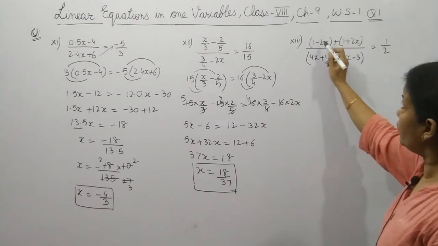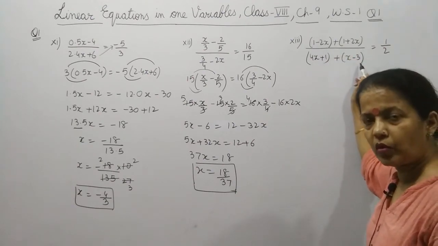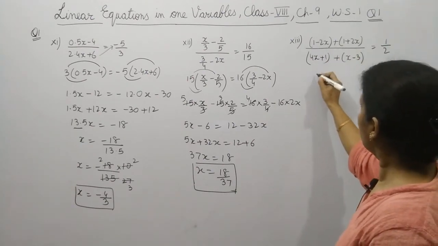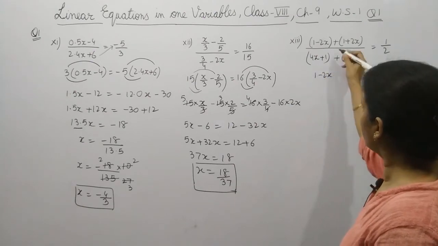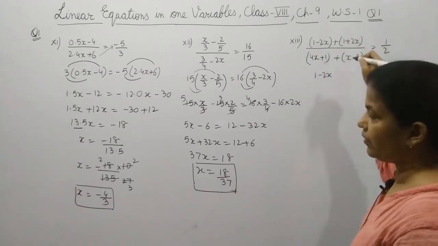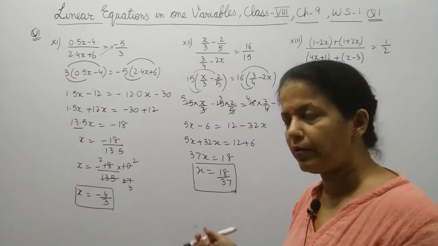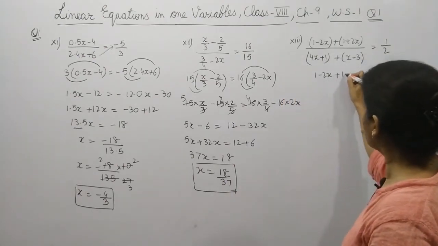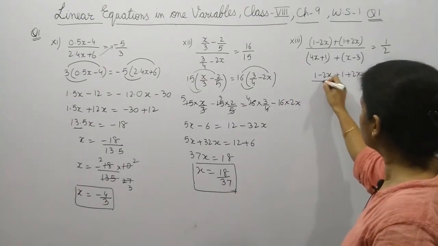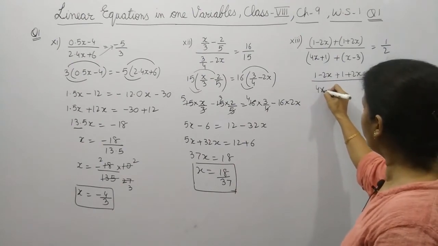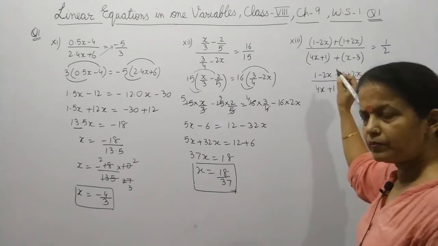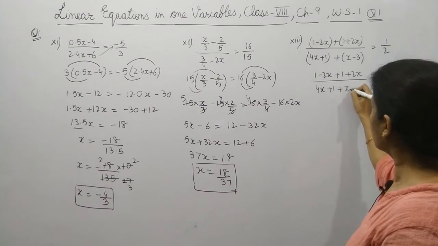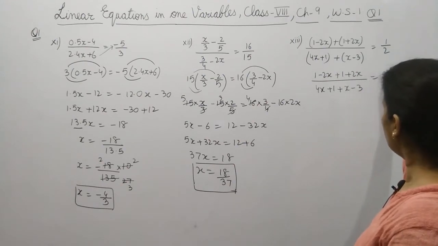So first of all, we will solve these two. The method which you know, this is plus. So the numbers written in the bracket will remain the same. So it will be plus 1 plus 2x. And in the denominator 4x plus 1 and plus x minus 3 equals 1 by 2.